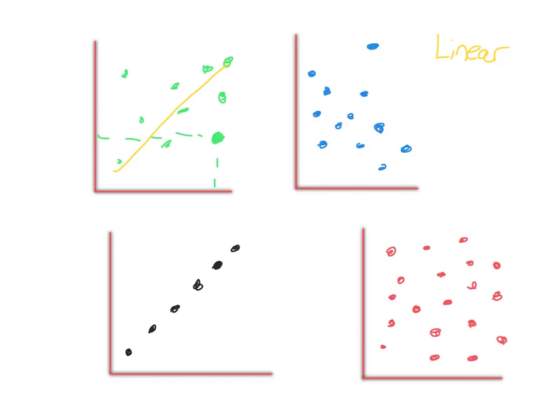But what's happening is, as the x value is going up, the y value is also going up, okay? And that's what we mean by positive relationship. So the relationship here between x and y is positive, but it's kind of weak. It's weakly linear.